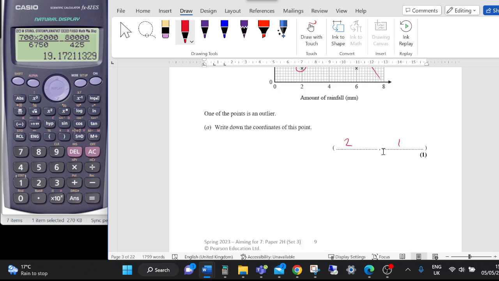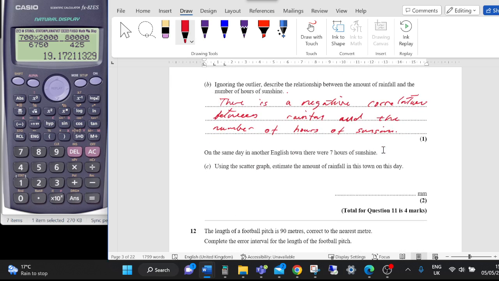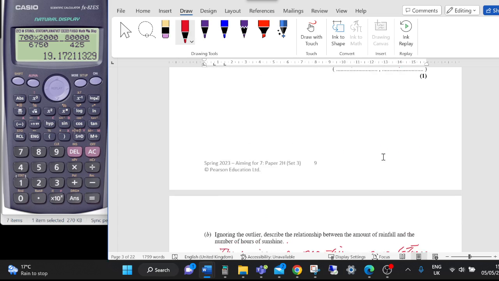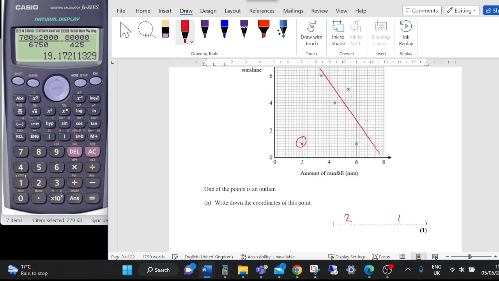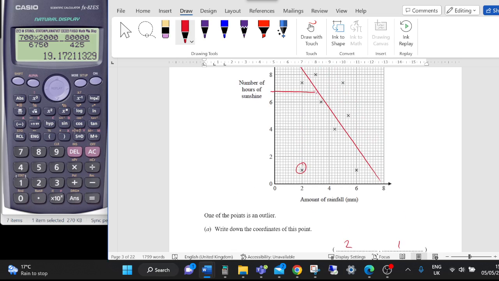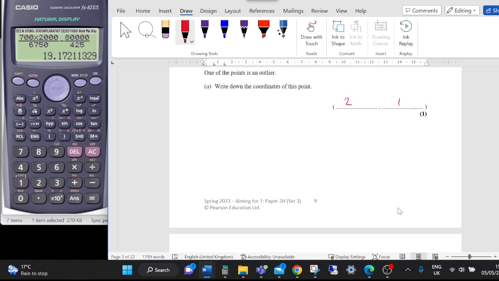And I'll have a bound of error on this question, but it says for 7 hours of sunshine. So back to my graph. Number of hours of sunshine, 7. We're looking at line across and then line down. So that looks like roughly 3.2 to me.